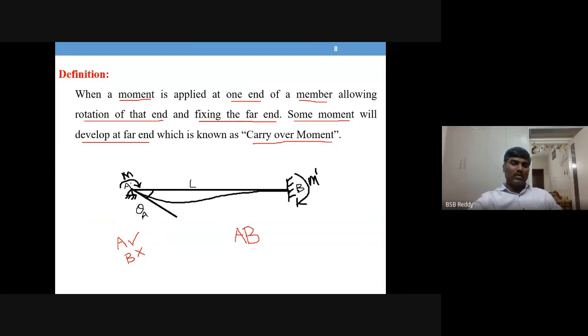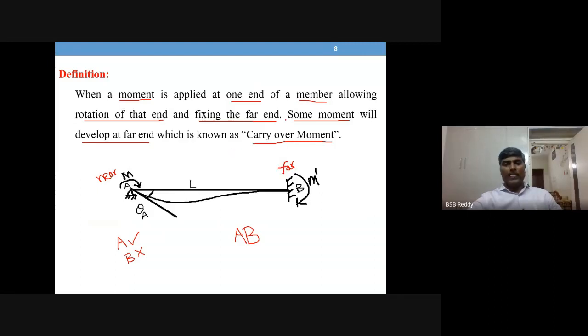Wherever you are applying the moment, we call that end the near end. This one we call the far end, F-A-R, not F-O-R. It is far.